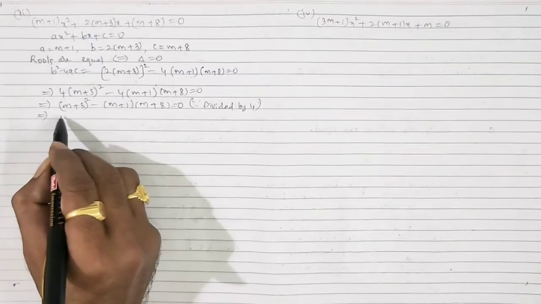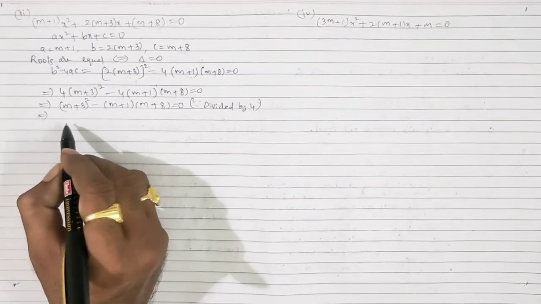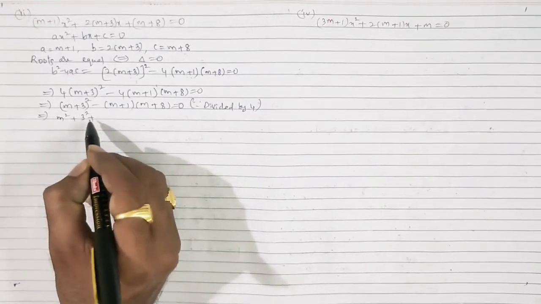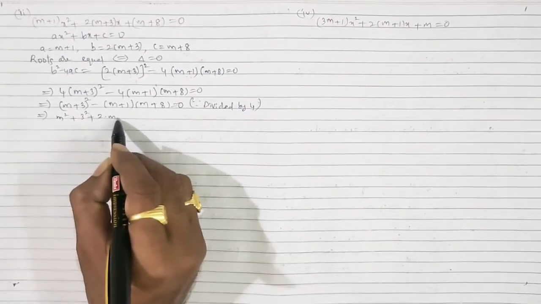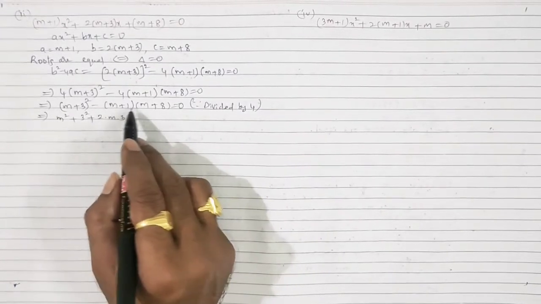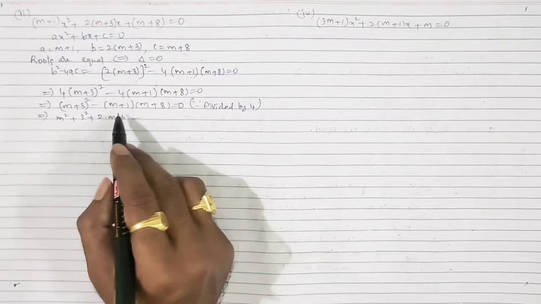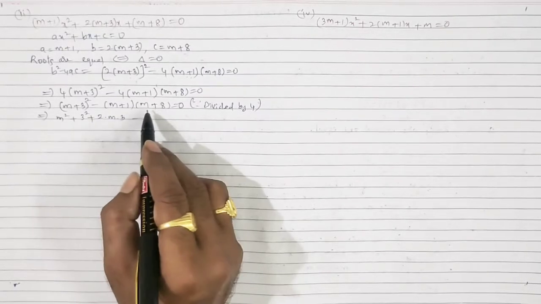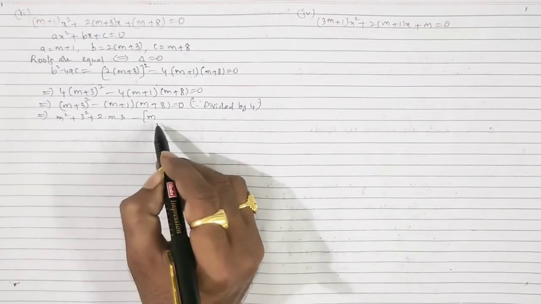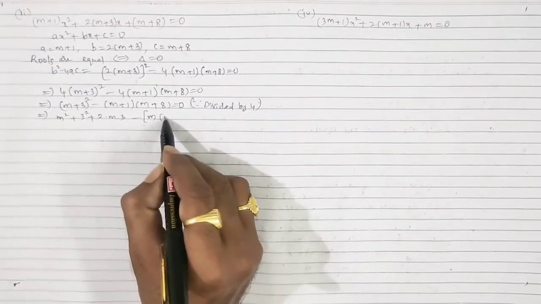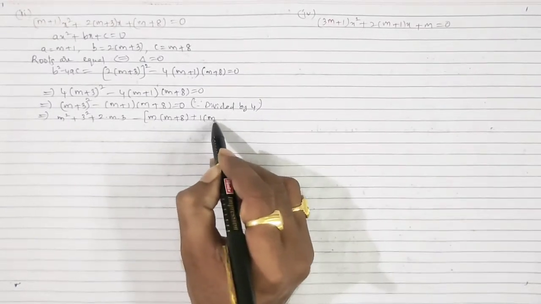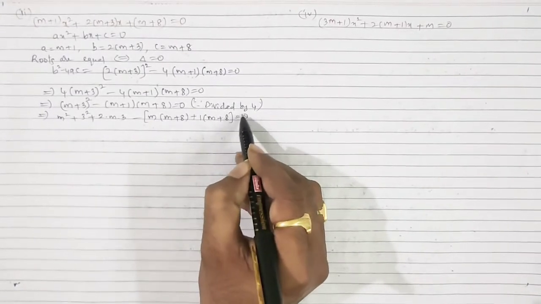Now expand it in the form of (a plus b) whole square, so a square plus b square plus 2ab. Now the distributive property, like (x plus a) into (x plus b). I am giving a square bracket, so m into this whole expression, m plus 8, plus 1 into m plus 8, is equal to 0.